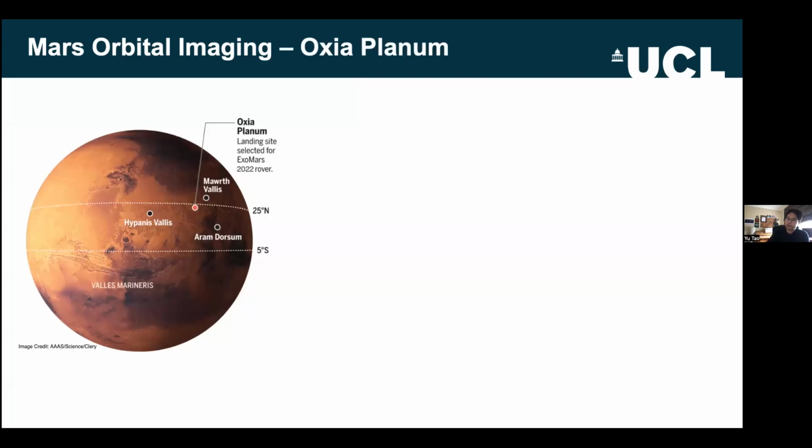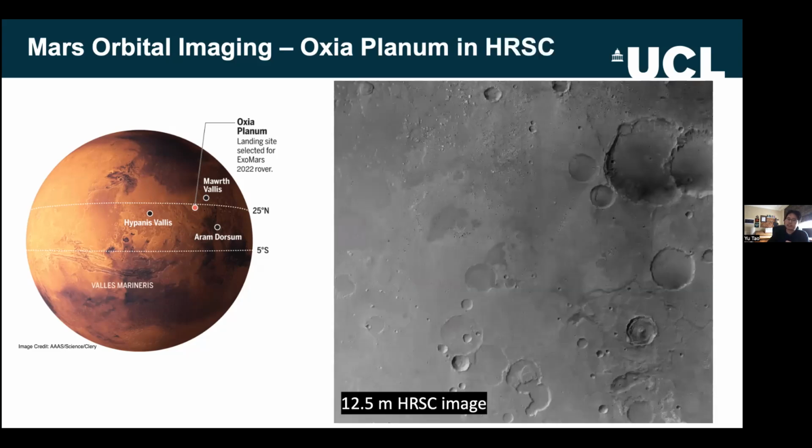So for example, this figure here shows where the ExoMars Rosalind Franklin rover was planned to land at Oxia Planum. And here's a 12.5 meter resolution HRC image mosaic that covers the whole of the Oxia Planum area.